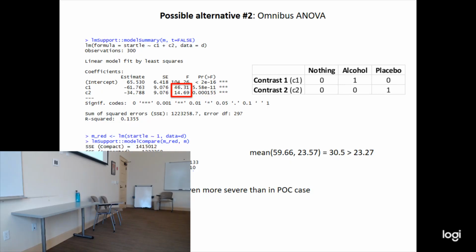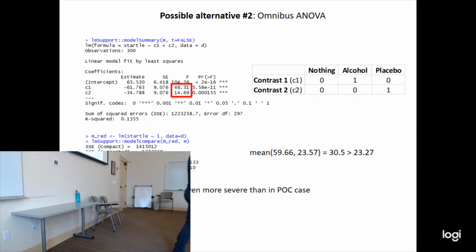The reason we had to do that was that we couldn't represent our hypothesis in one contrast. We're not sure how placebo is going to compare to alcohol, and we're not willing to make a commitment about what that comparison is going to look like. That's what forced us to represent our hypothesis using two contrasts rather than one.